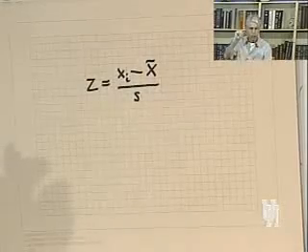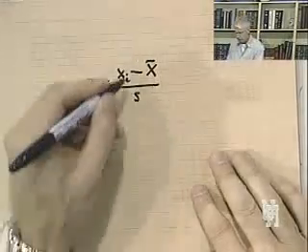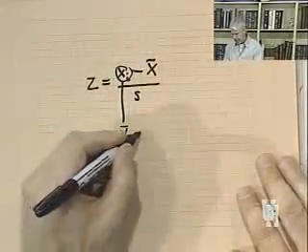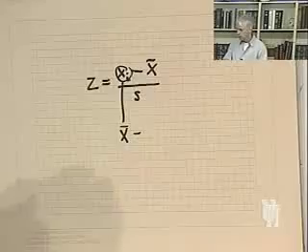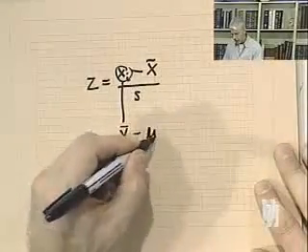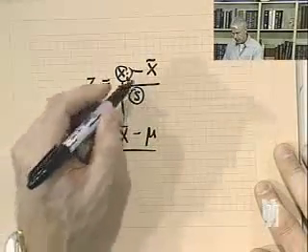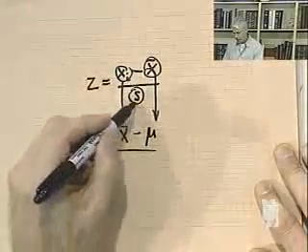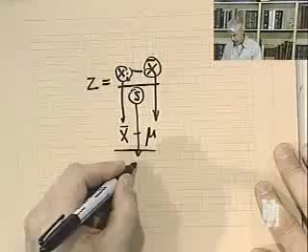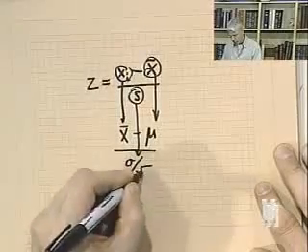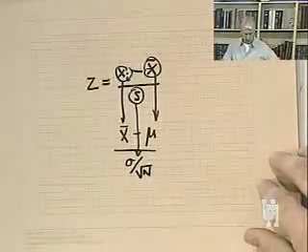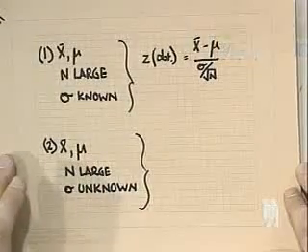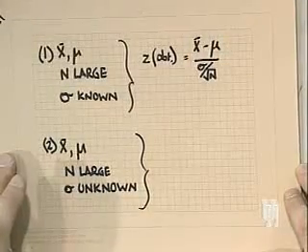So the individual scores in that sampling distribution are sample means. And the mean of the sampling distribution is not X bar, it's mu. And the standard deviation of the distribution is not S, it's sigma over the square root of n.